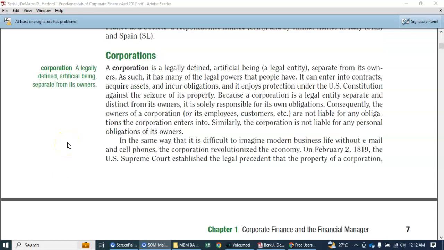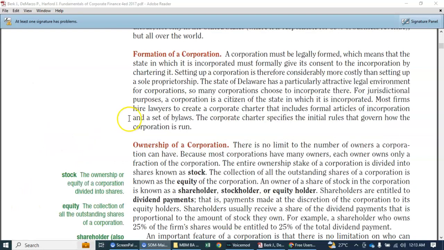Because of its legal identity, it can enter into contracts with suppliers and customers, and hire employees, as a separate person. It can be sued or it can sue as a legal separate entity. In setting up a corporation, there are legal forms and documentation that you need to follow, and it might be costly compared with the sole proprietorship.